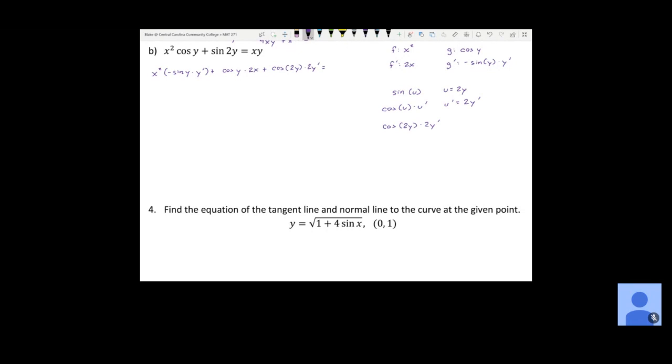Now how are we going to find the derivative of the right-hand side? It's a product again, right? So we have x times y. So again, f is going to be x, g is going to be y. I'll just go ahead and do these. Derivative of f is 1. Oops, this should just be y. So the derivative of g is going to be y prime.